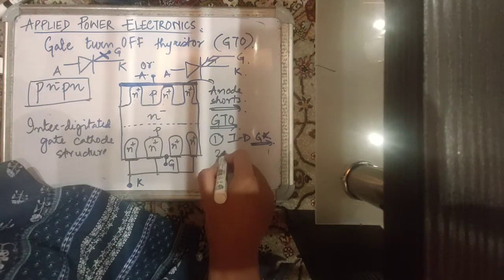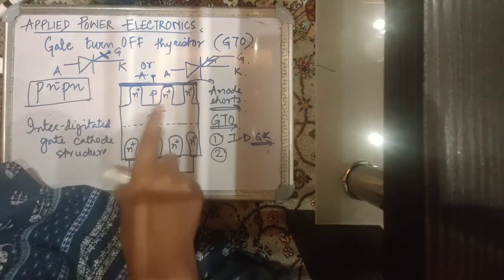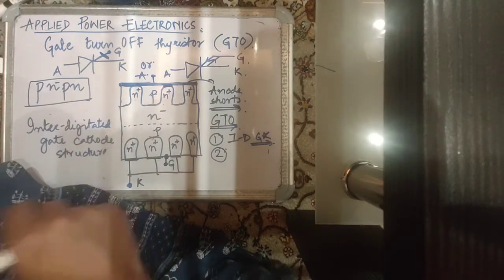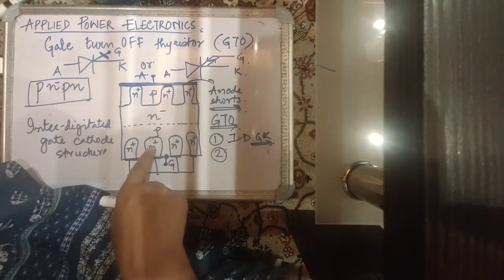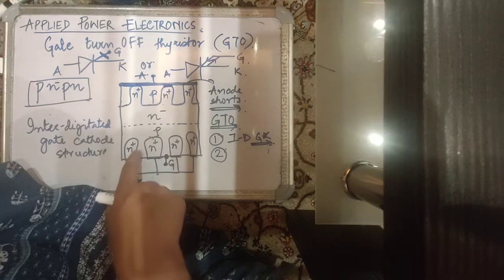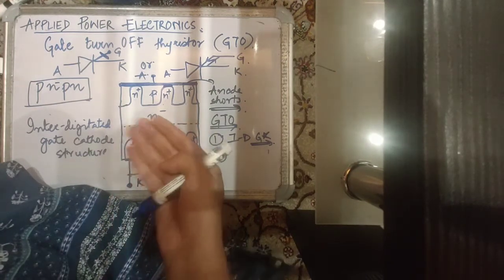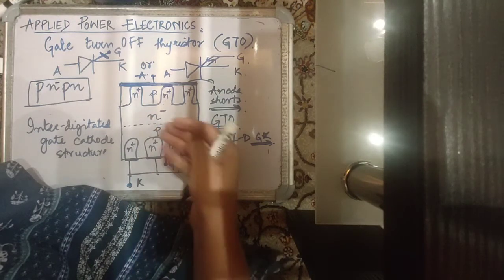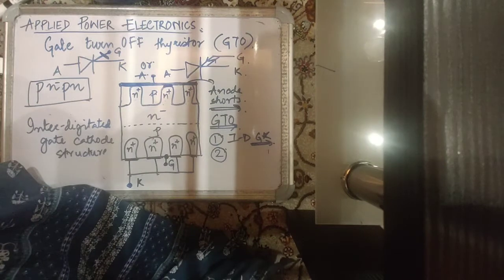The second difference is that these cathode regions, because this is basically a 3-dimensional structure, and I've drawn a 2-dimensional diagram, but it is essentially a 3-dimensional structure. So wherever there are these cathode deposits, these N plus regions, the silicon area around them is etched away, so they come out as protrusions. They are embossed above the surface of the wafer.